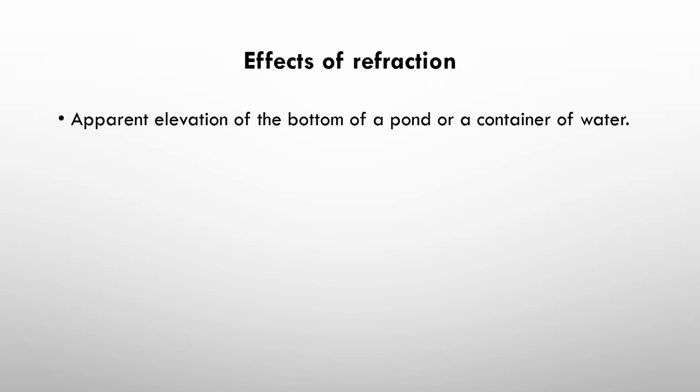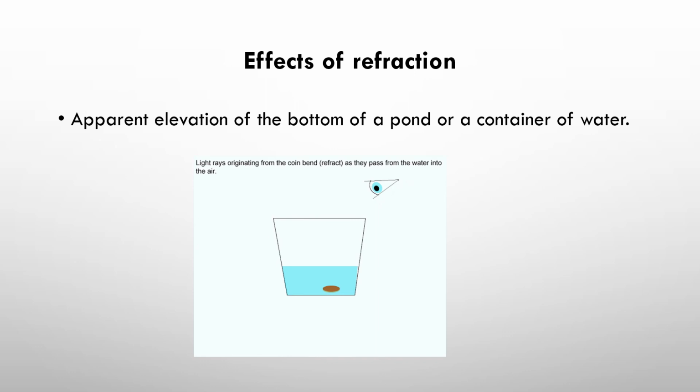So if you observe the bottom of a container of water or a pond by keeping your eye above the level of water, you cannot observe the real depth of that pond or container of water due to this phenomenon of refraction. You can clearly observe it by keeping a coin inside a glass of water.